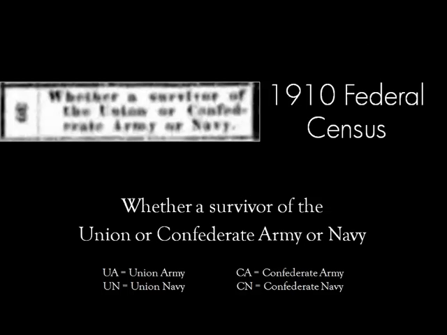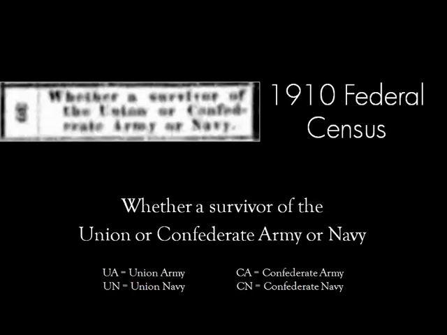The 1910 census is a little bit better. Number one, it asks specifically about Civil War service. It asks whether the resident was a survivor of the Union or Confederate Army or Navy. In that column, I believe column 39, you will see either a UA, a UN, a CA, or a CN, and that would be UA for Union Army and so on.